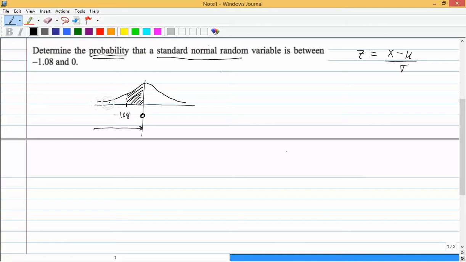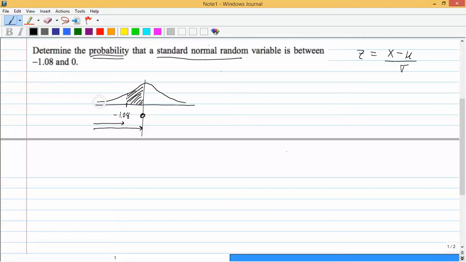If I can look in the table and find a value for all of this up to 0, then find a value for the area up to negative 1.08, which would be from here to here, then I'll take the larger area, subtract the smaller area, and that will give me the area between the two. It sounds a little confusing at first, but it's really not that bad.